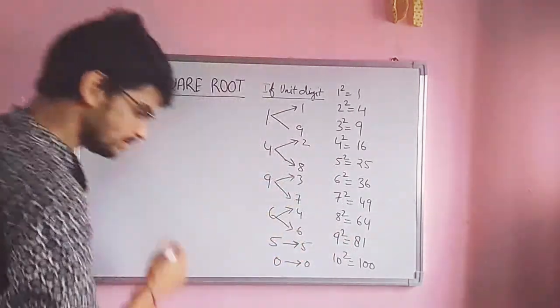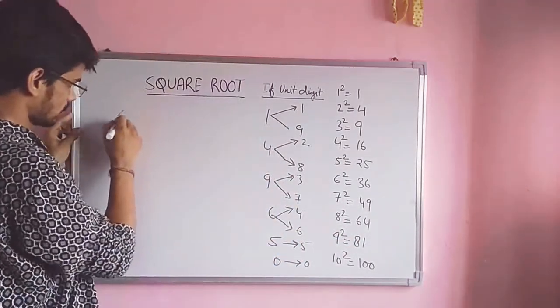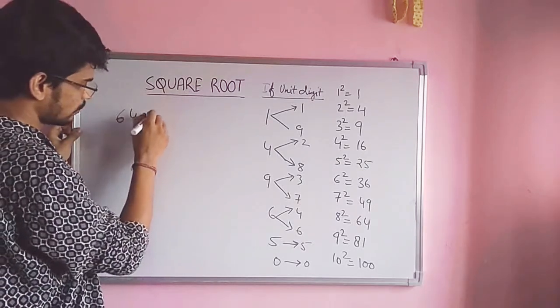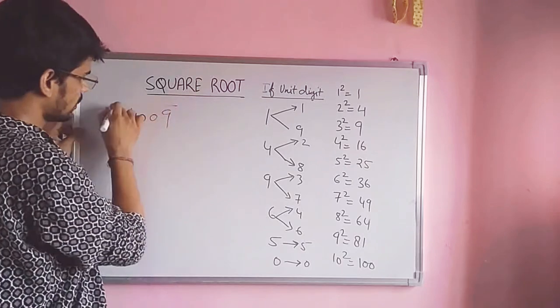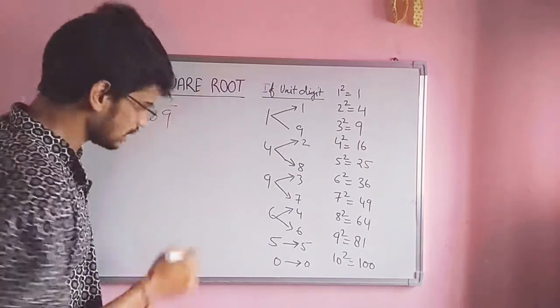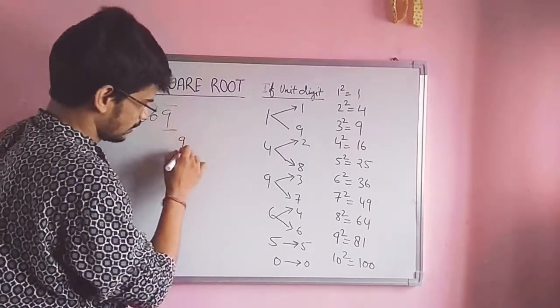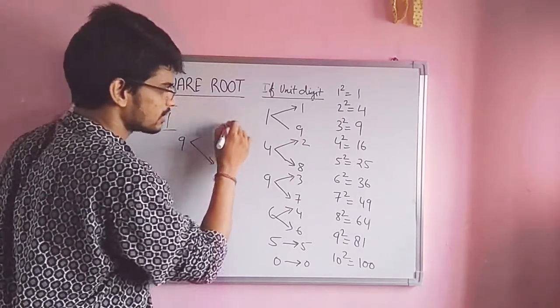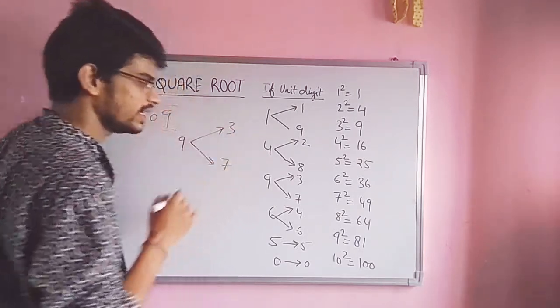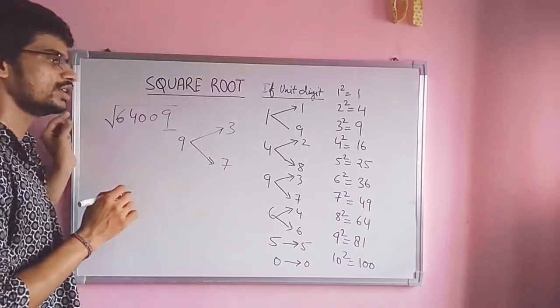Let's take another example to get the concept clearly. This one is 64009, the square root of what? Next, 9 means the square root's unit digit is either 3 or 7.